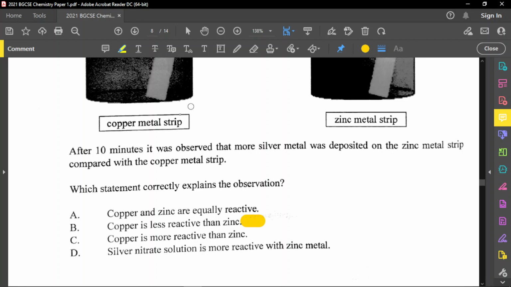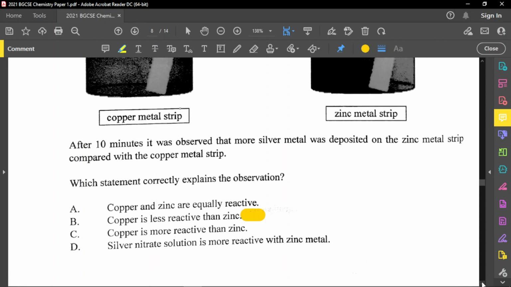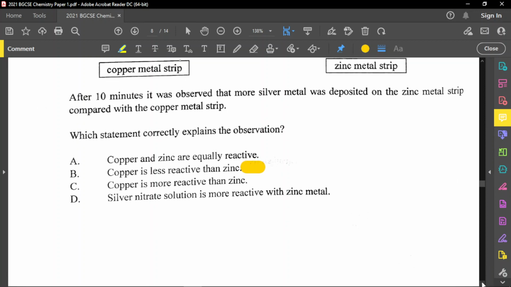I'm going to tell you why. An entire solution does not react. All right, follow me carefully now. Understand what I'm saying. An entire solution definitely does not react at all. How a reaction takes place is that bonds must be broken to form new bonds, right? So it's not the solution that is actually reacting, but the ions within the solution.